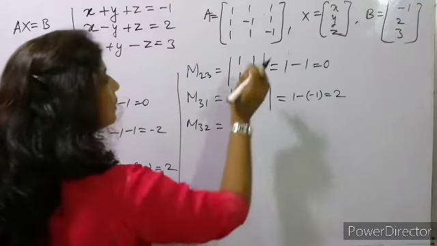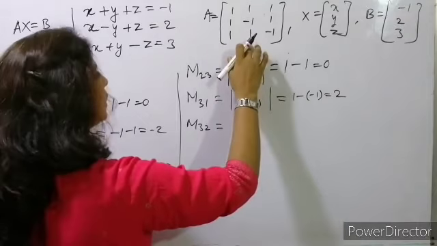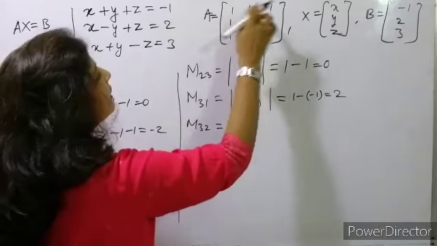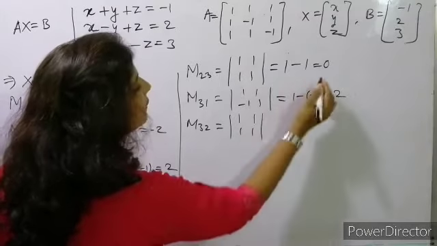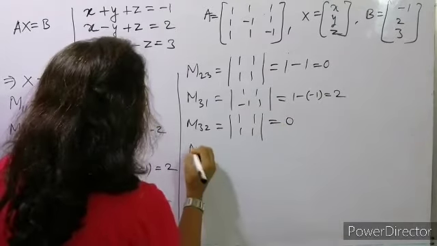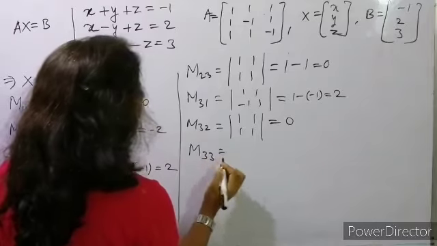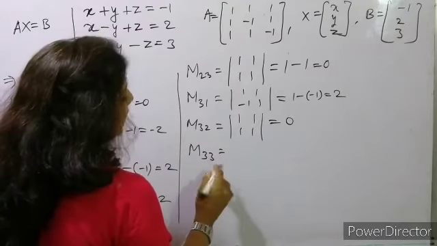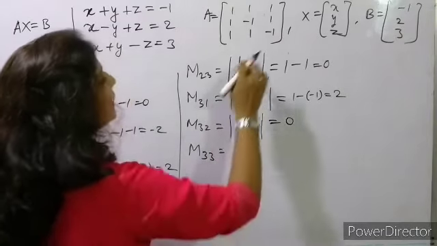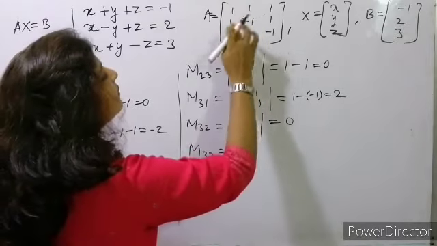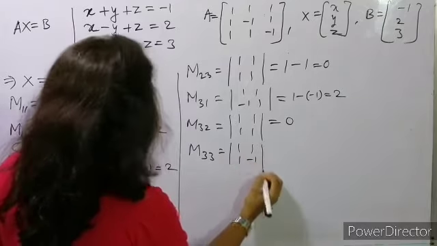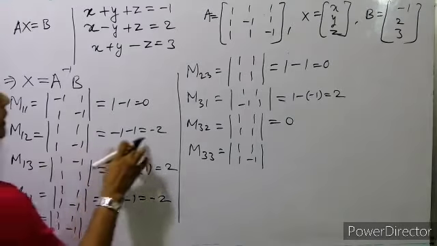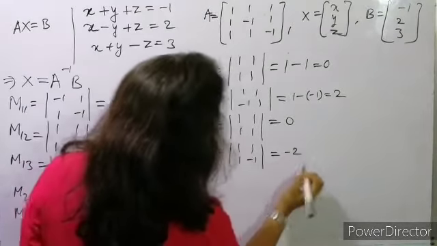M32, third row, second column. So this one: [[1, 1], [1, 1]]. For that we got 0, so 0. M33, the third, last one. For [[1, 1], [1, -1]] we are getting minus 2.